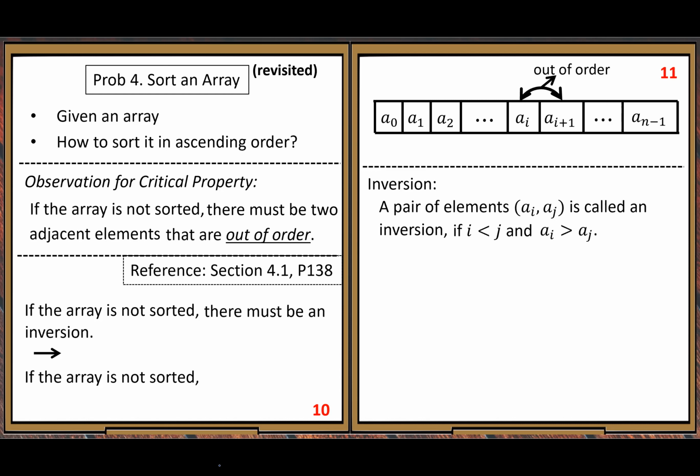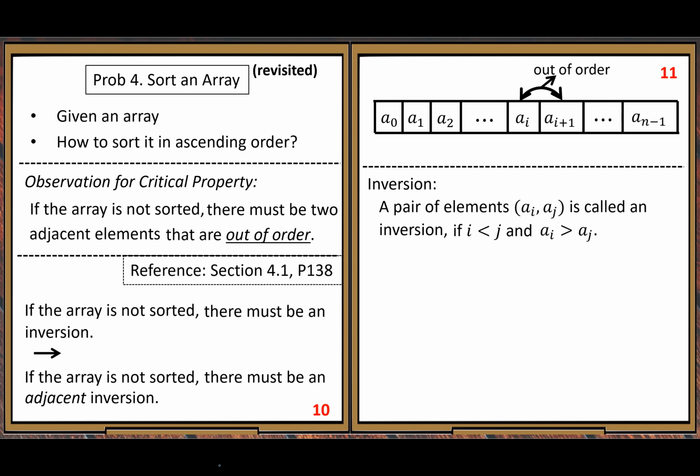Now we want to write another, equivalent version of the property. The second version is, if the array is not sorted, there must be an adjacent inversion.